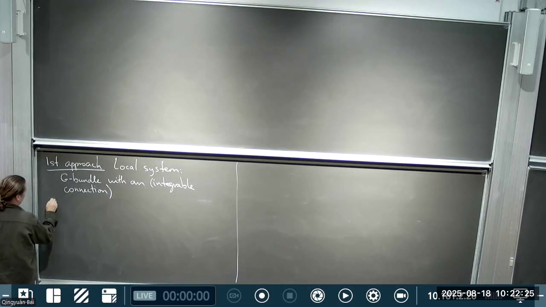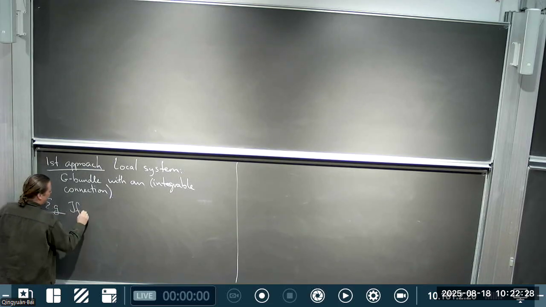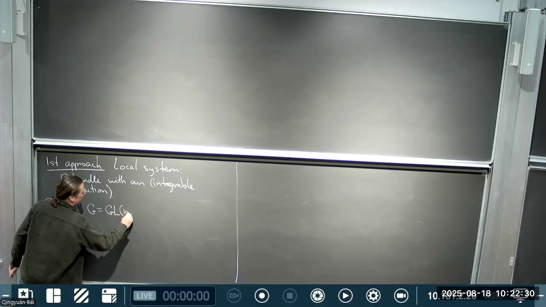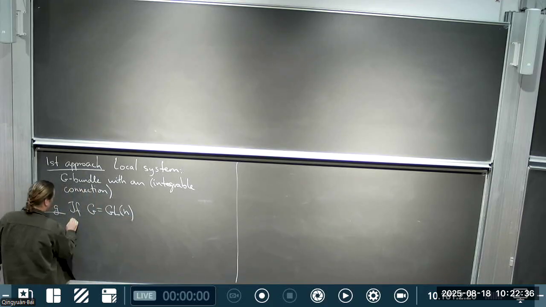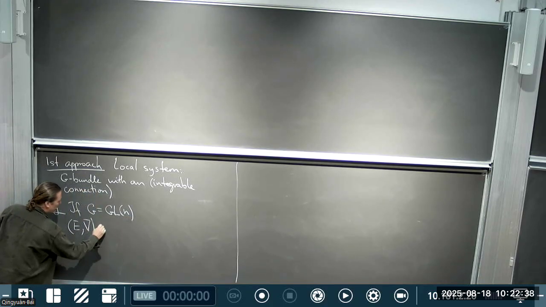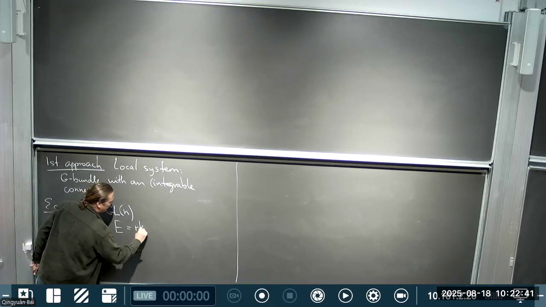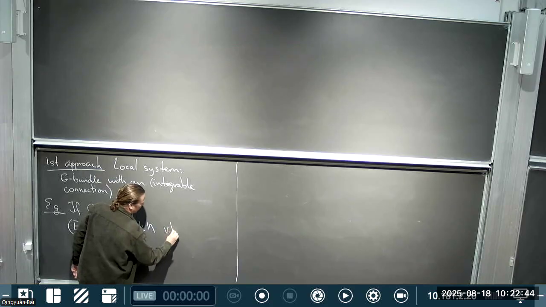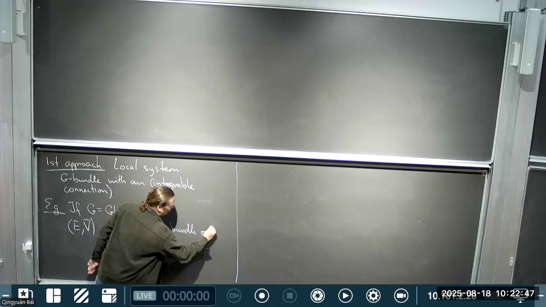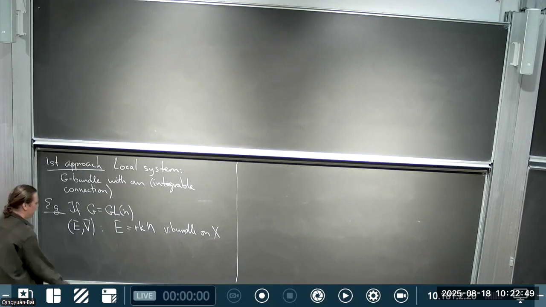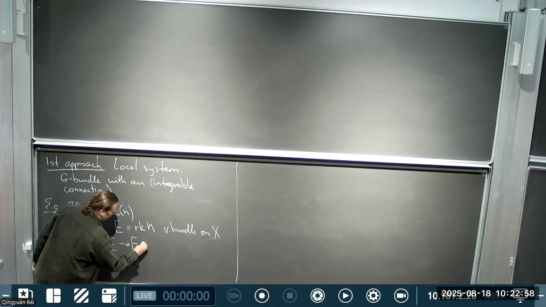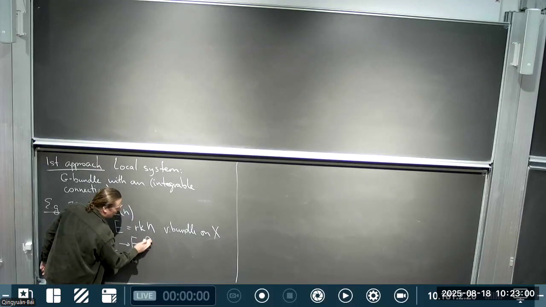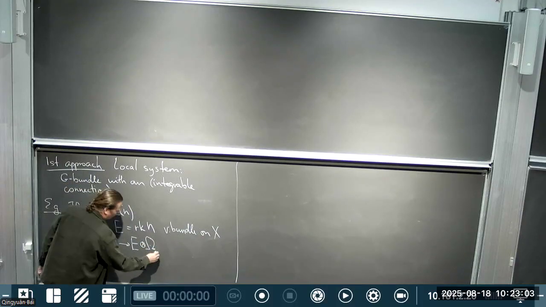So, for example, if G is GL_n, then I'm going to look at pairs (E, nabla), where E is a rank n vector bundle on my curve X, and nabla is a connection in the classical sense, so it's a C-linear map which tells us how to differentiate sections of our bundle.